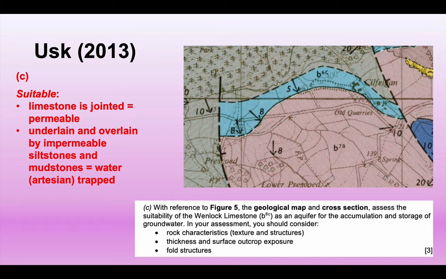It could be an artesian aquifer, or a confined aquifer would be another way of describing that. And in some places here we do have synformal structures. There are basins to trap water within this rock unit.